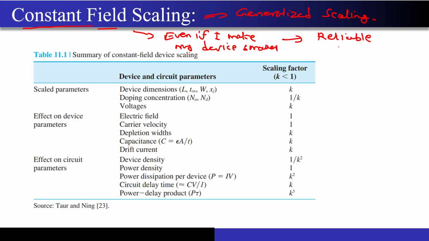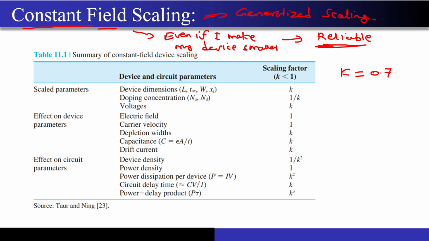And how do I make sure that my device is reliable? I have to make sure that the electric fields that are present within the device are not scaled. They will remain as they are. Correct? So that I don't face any kind of breakdown within my device. So now what we decided? We decided to scale all the physical dimensions by the factor of k.